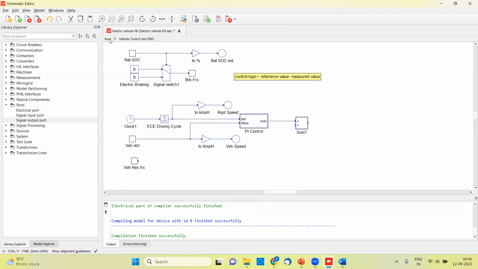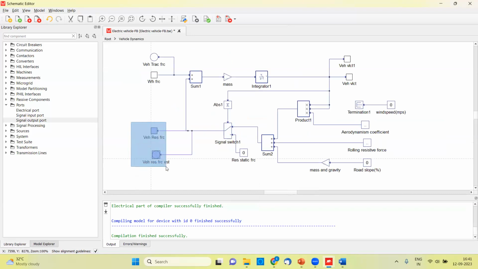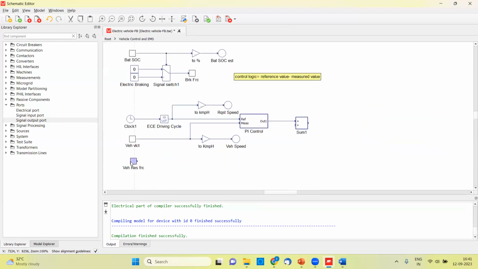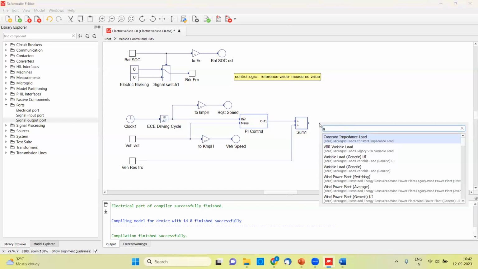If you remember, we were doing the entire modeling of the resistive forces in vehicle dynamics, and we calculated this vehicle resistive force. This is coming as an output over here. Now we are going to provide this vehicle resistive force to the sum block. This is also the resistive force which is calculated according to the control logic after determining the drive cycle. So again, we are using this sum block. We are adding the resistive force, and then we are using a gain block over here.